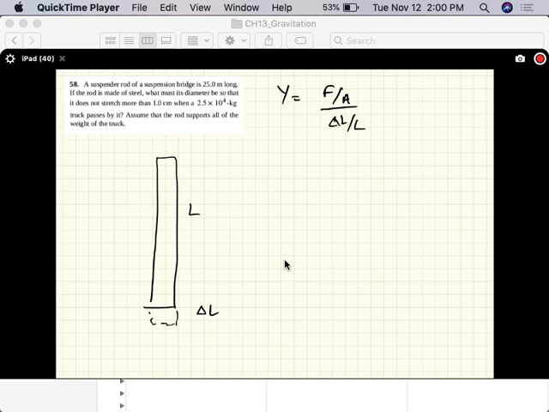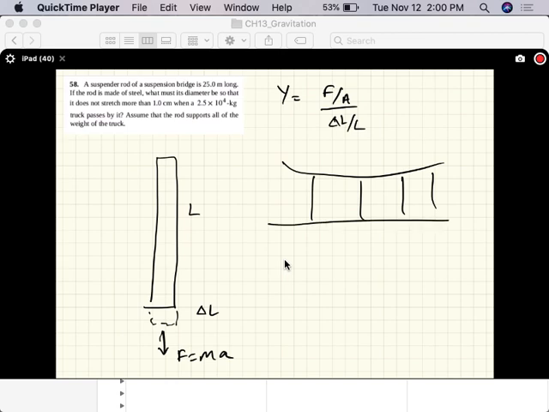So what they're saying is, here's one of these rods. A truck passes by, and assume that this rod is supporting all the weight of this truck.